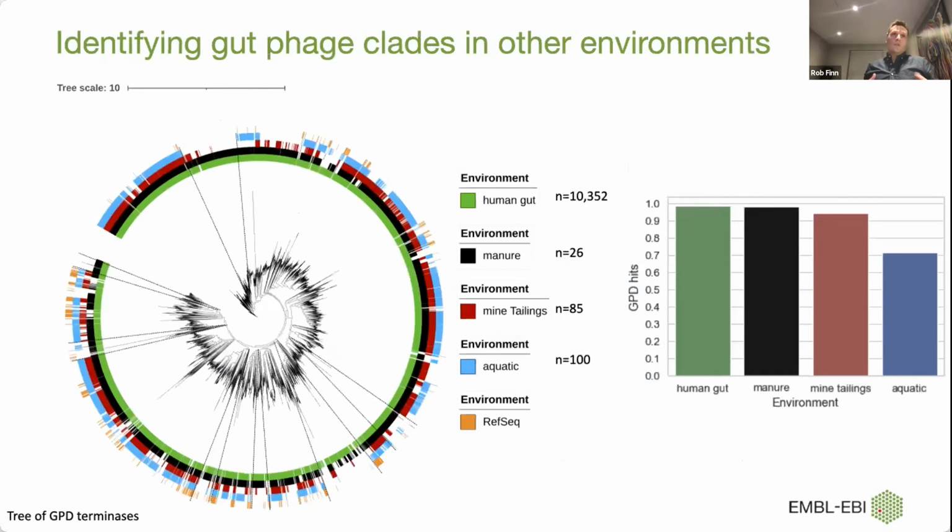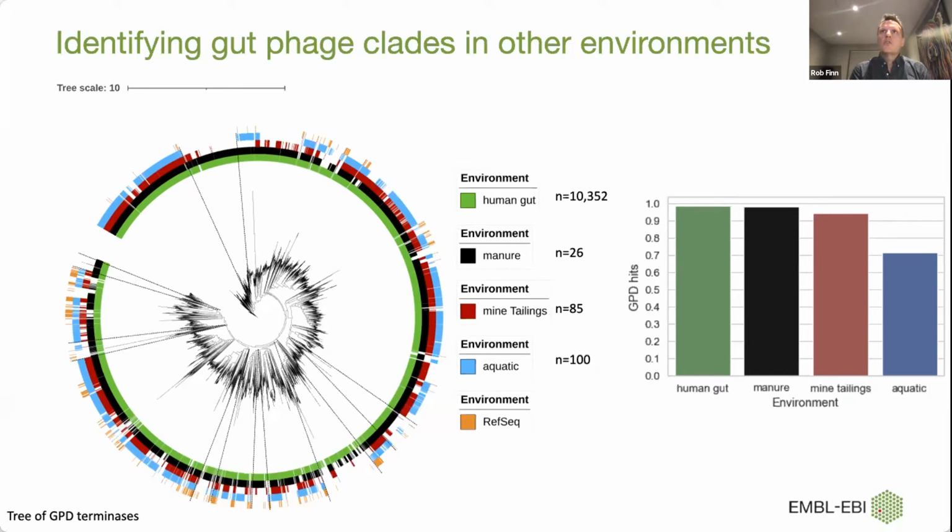So we took the whole of the gut phage catalogue, and then we asked, which environments do we actually find this in? This is work in collaboration with the group that has established the Seratus tool. What we did is we took the gut phage database, used the terminase as a marker, and then scanned a whole bunch of metagenomes for the presence of this terminase gene.